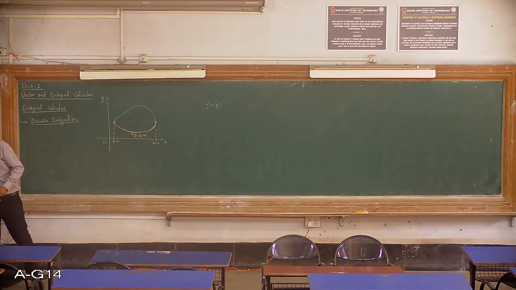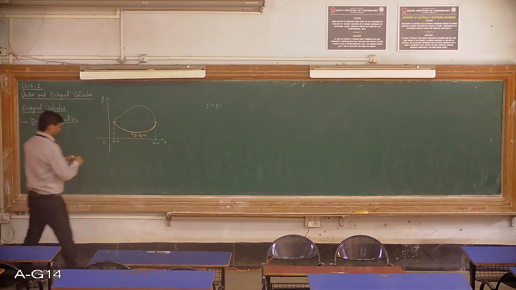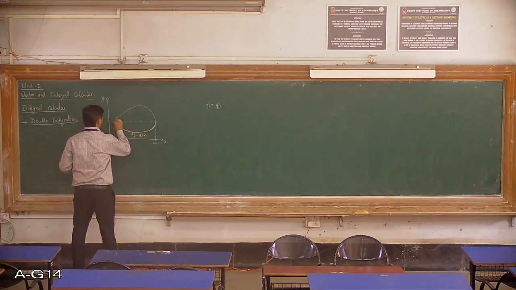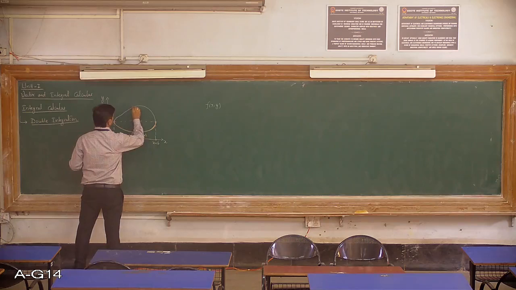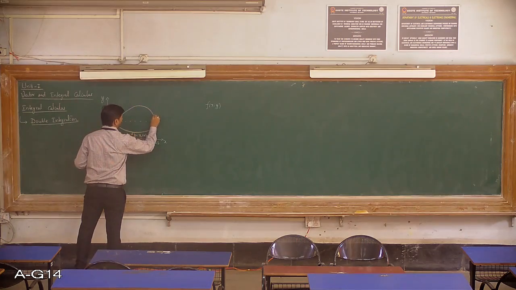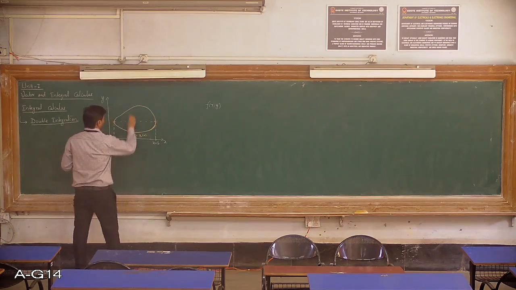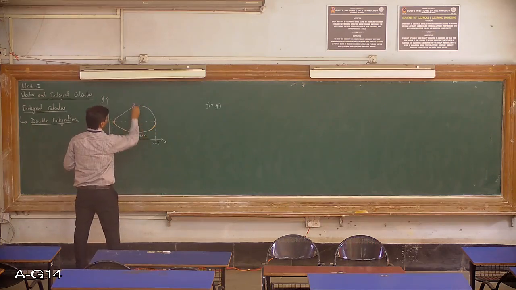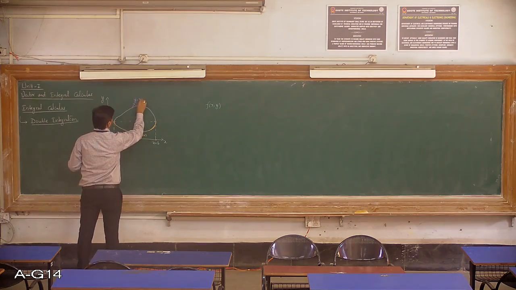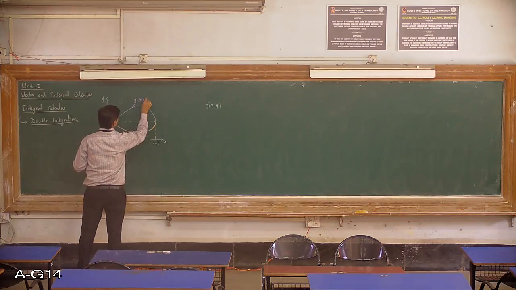Similarly, one more we can allot. From this particular point up to here, there is one more curve, that we can call y equals y2 of x.